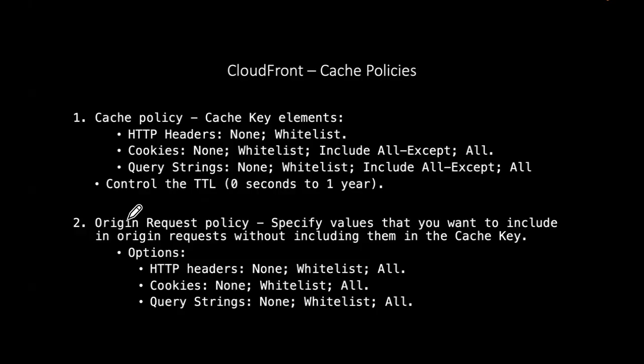Should those other parameters be sent by the edge location server back to your origin if there's a cache miss? Well, you can control which ones are and which ones are omitted by means of this origin request policy. And again, you've got a lot of control over it.